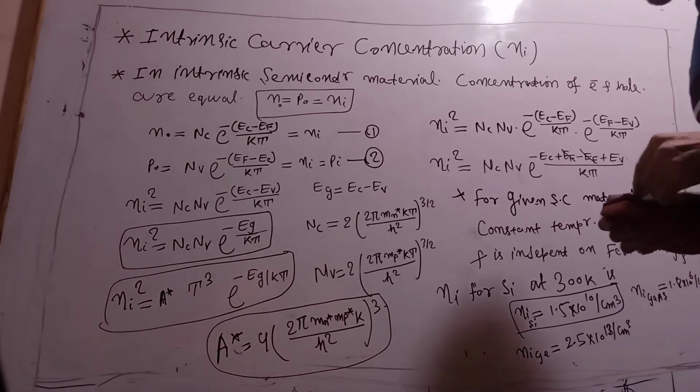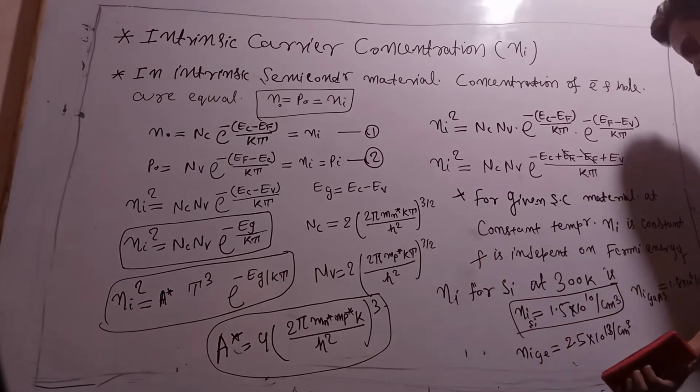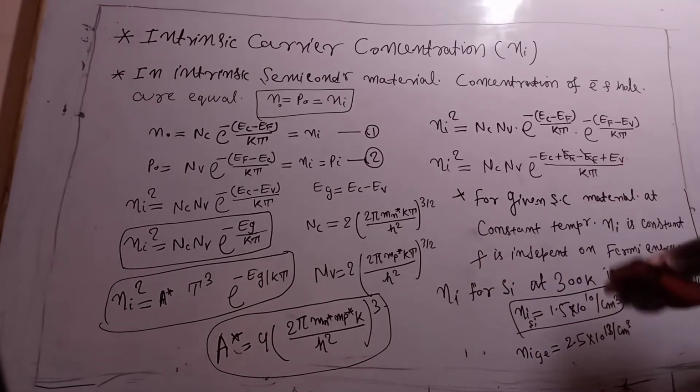These are the intrinsic carrier concentrations for silicon, germanium and gallium arsenide.